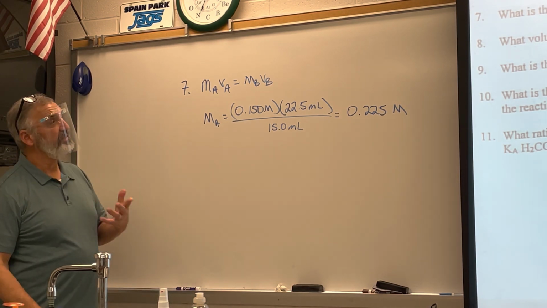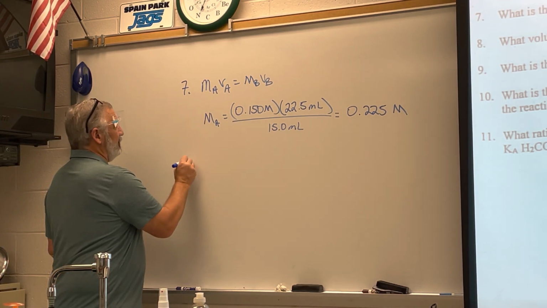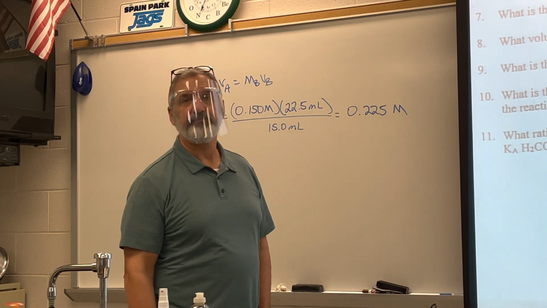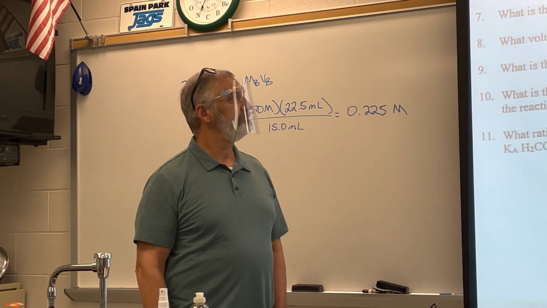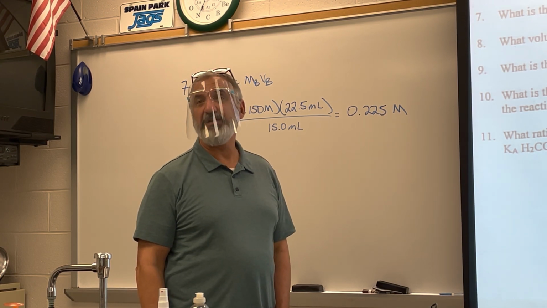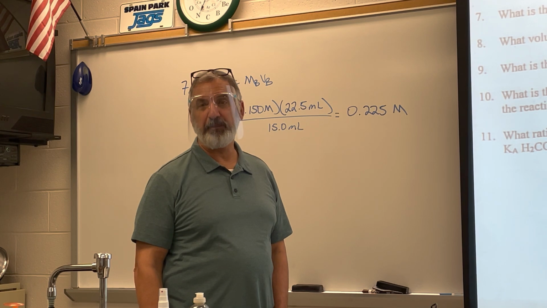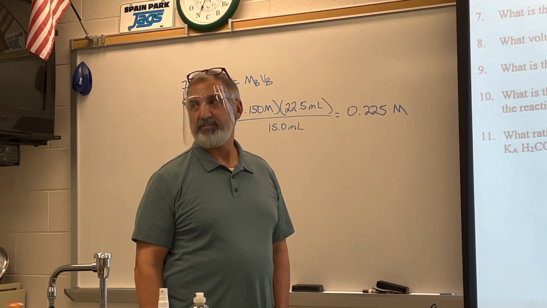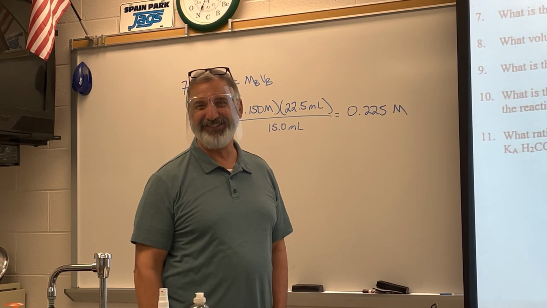Okay? Now, what's different about number 8? Can I just use MAVA equals MBVB on number 8? That's what I did. Right?